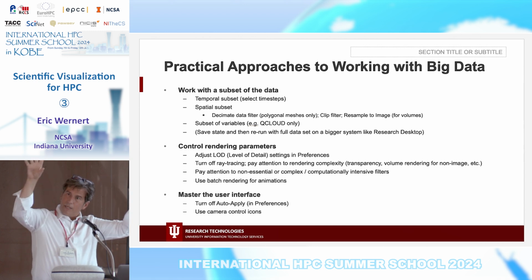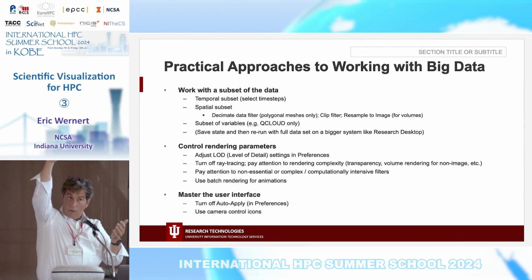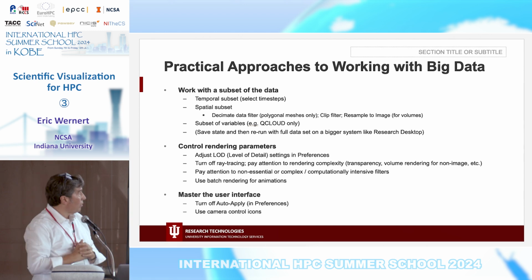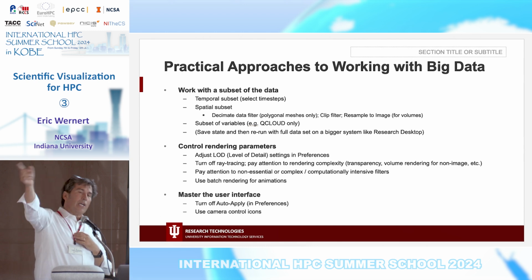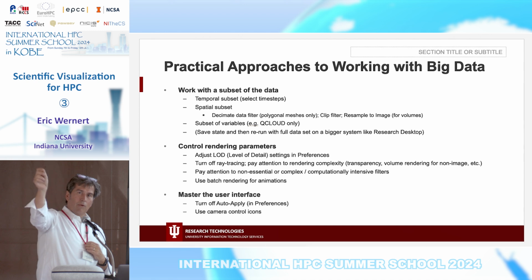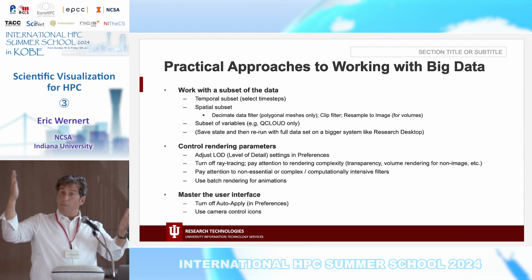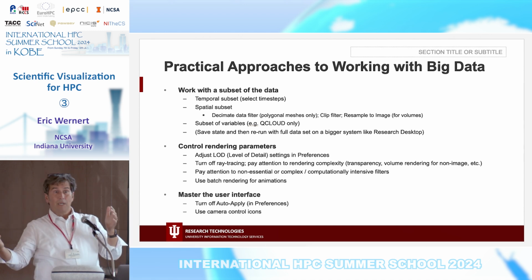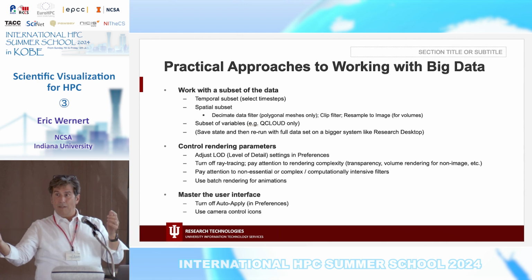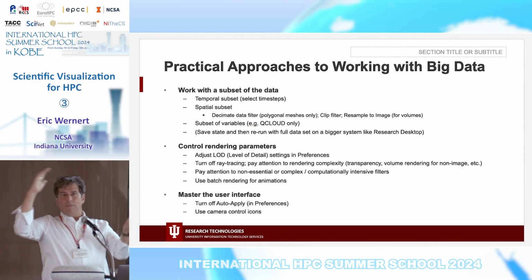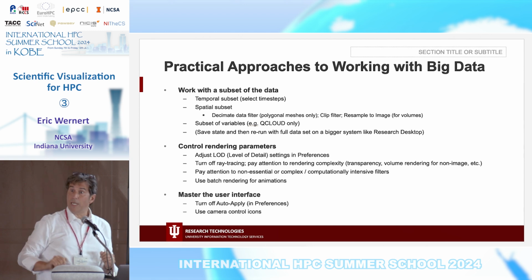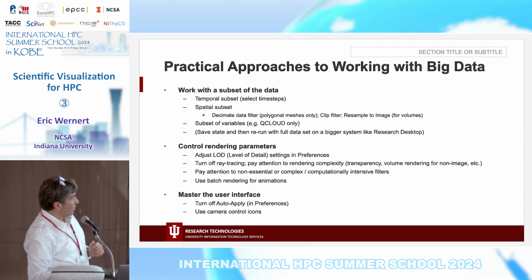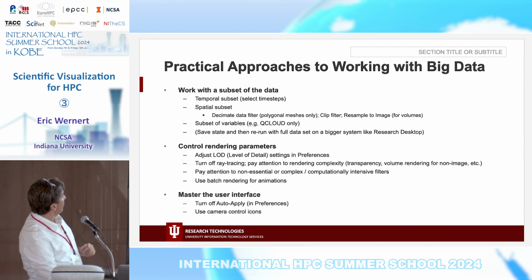If you don't want that, turn that off, and then you have to explicitly tell ParaView to execute the pipeline. Those camera control icons, it gives me heartburn to watch students flailing around, especially if they have a big data set with a low frame rate, because they'll overcorrect and then the thing will catch up and then it'll move here, move there. If you're trying to look down the x-axis or the y-axis, just hit that button and let the system catch up with you.